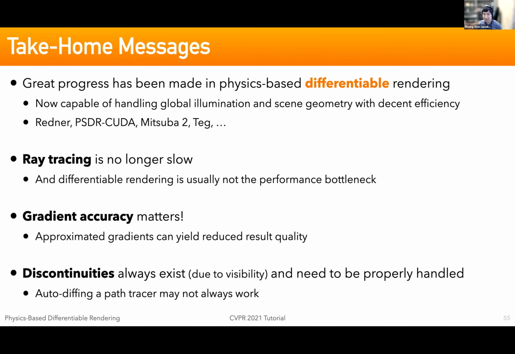And related to these discontinuities, if you take traditional automatic differentiation and apply that to a path tracer or many other pipelines, it might not work because traditional automatic differentiation really neglects all discontinuity boundaries.